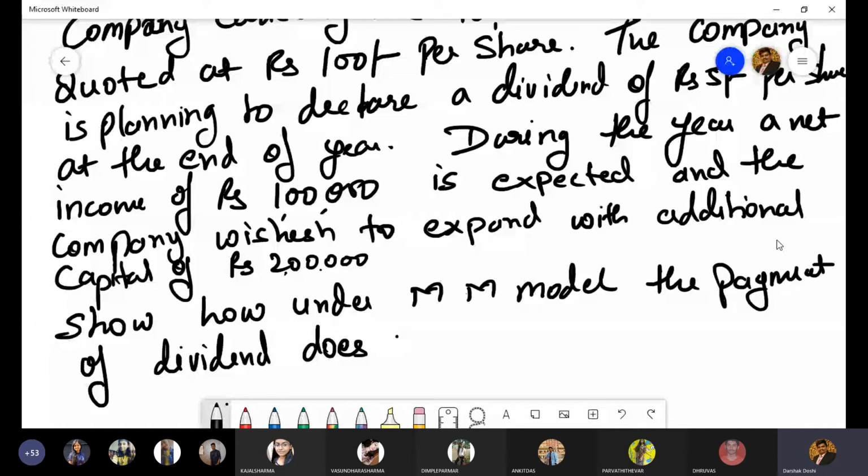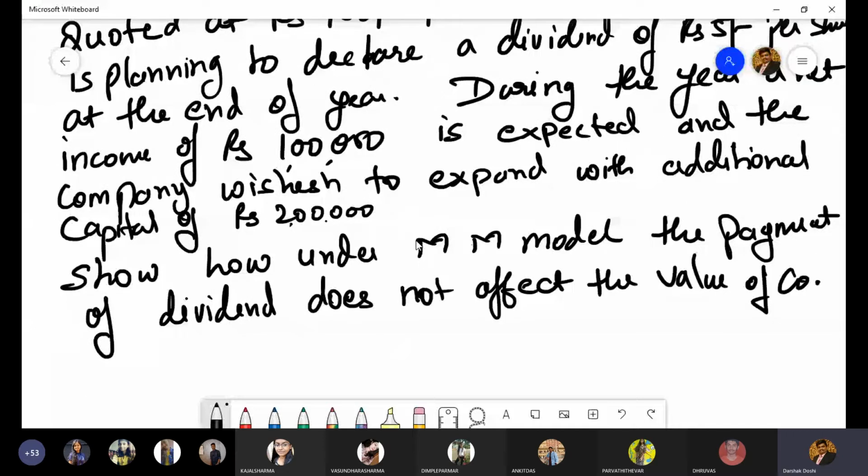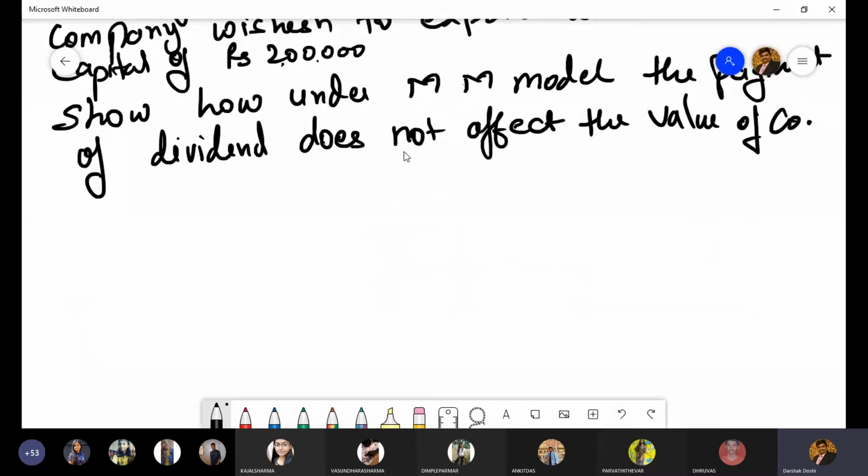Now, what you are supposed to do is, you have to prove that if the company declares dividend and the company wishes to expand with the project of 2 lakh rupees by issuing new shares, what will be the value per share at the end?